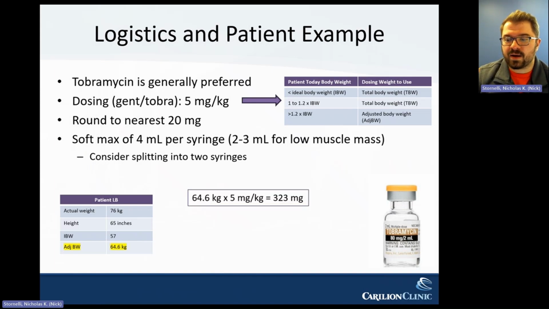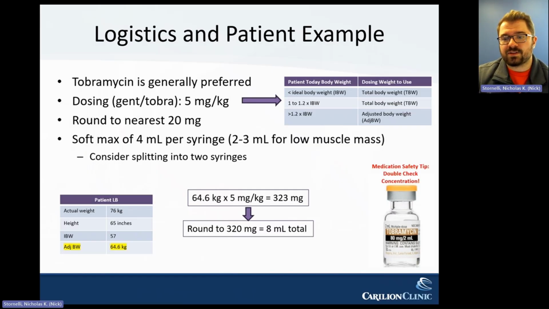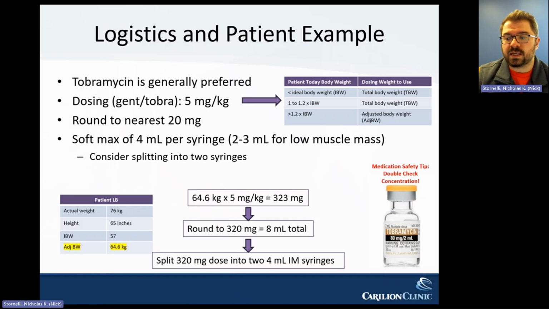We would multiply that by 5, which gives us 323 milligrams. And then we're going to round that down to 320 milligrams, and that's an 8 milliliter total dose. And then because our concentration is 80 milligrams per 2 ml, 40 milligrams per 1 ml, we're going to split that dose into two 4 milliliter intramuscular syringes that are going to be given in large skeletal muscle.